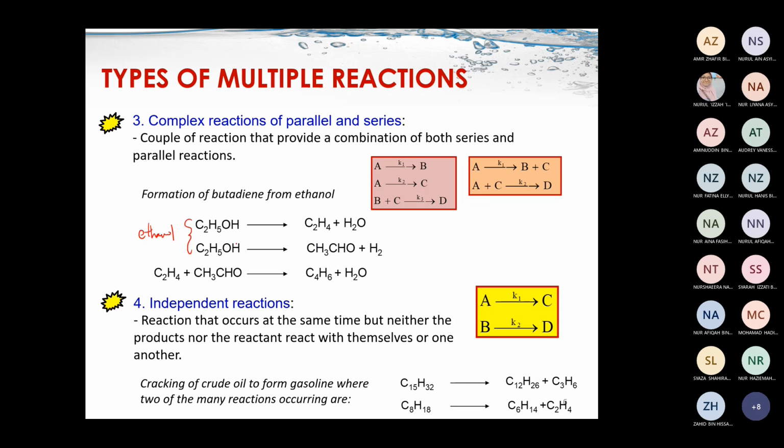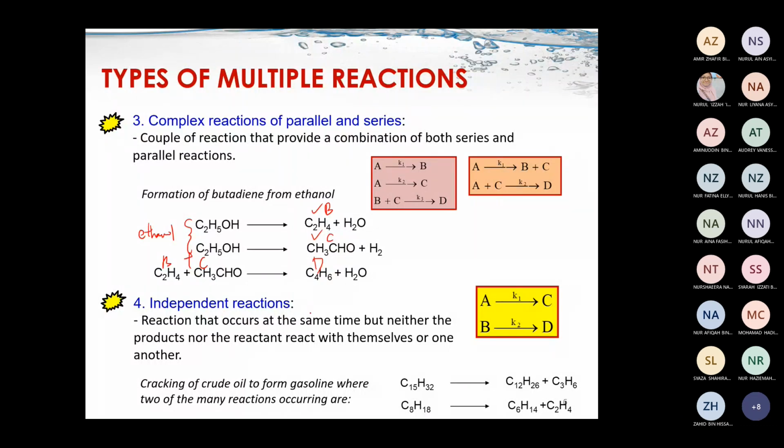And then from here, the products B and C will produce another one, which is D here, butadiene.